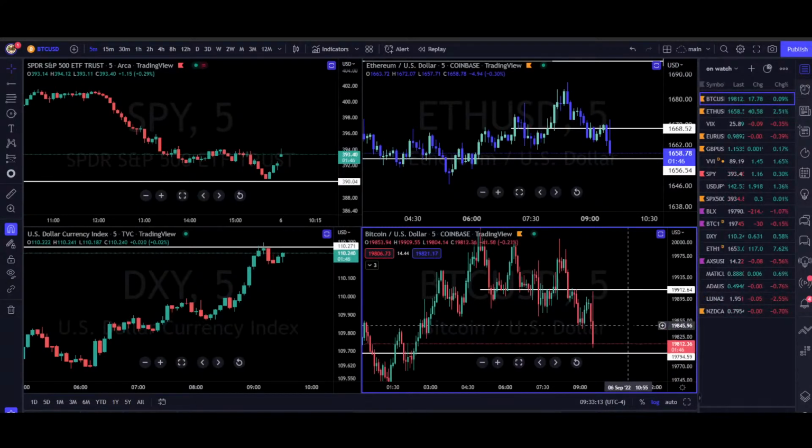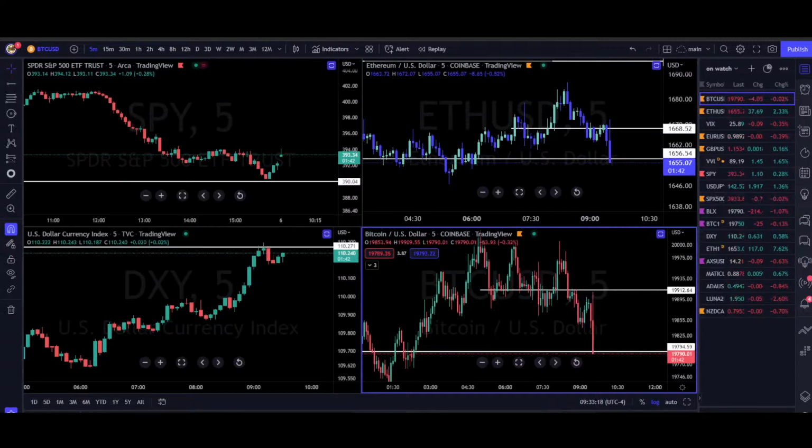There goes Bitcoin pushing lower. About to eat a stop. There is the stop. I was reading the ISM. It doesn't matter. It wasn't a big risk. 2% ain't nothing. I'm trying to see here.